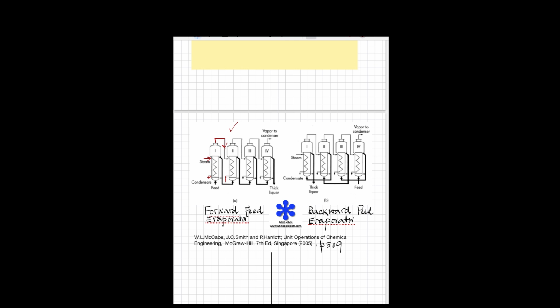Then the vapor from the second effect goes to the third effect and enters the steam chest, condensate comes out, and so forth. So, we have only 3 effects. So, basically the vapor from here goes to the condenser, which is or could be a vacuum.